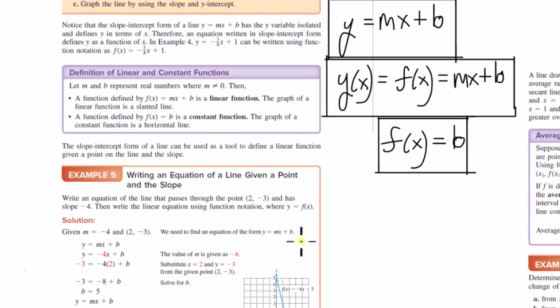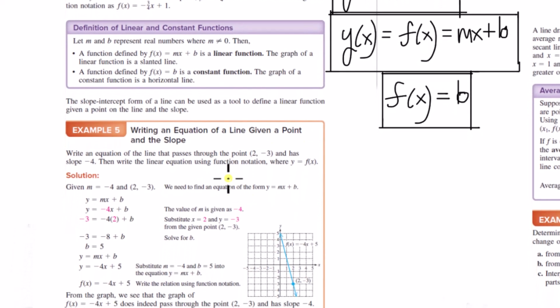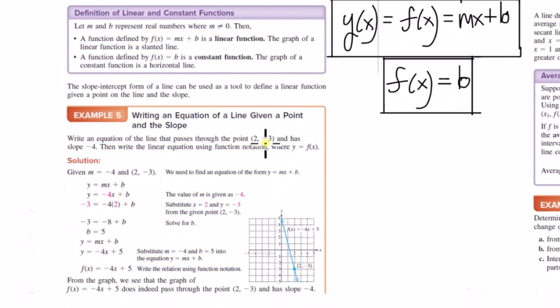Okay, so here's an example where we're given a point and a slope, and we want to go ahead and write the corresponding linear function. So there's some minimum amount of information you need to specify to fully constrain a line. You could give two separate points. If you give two different points, that constrains a unique line.